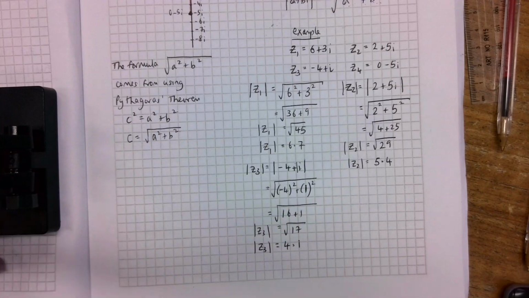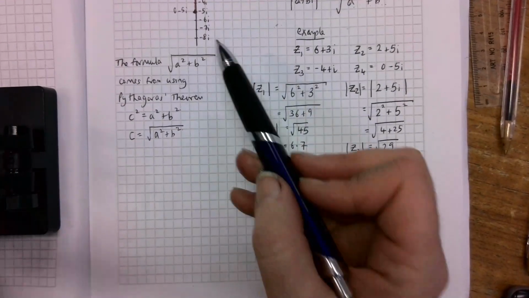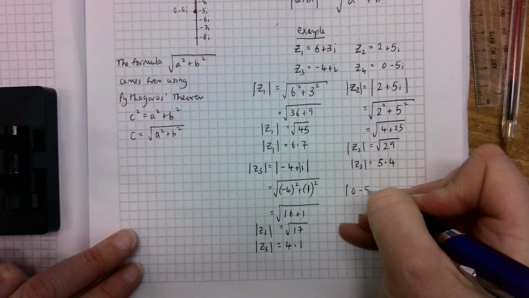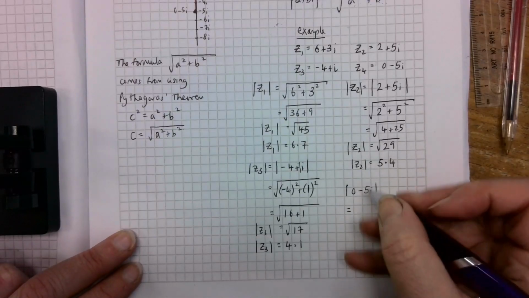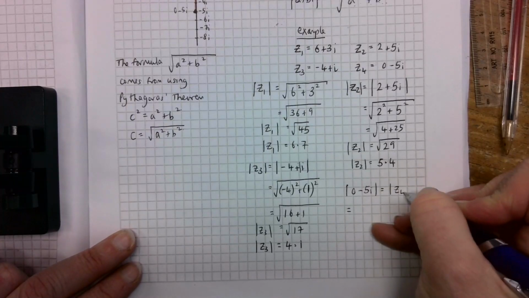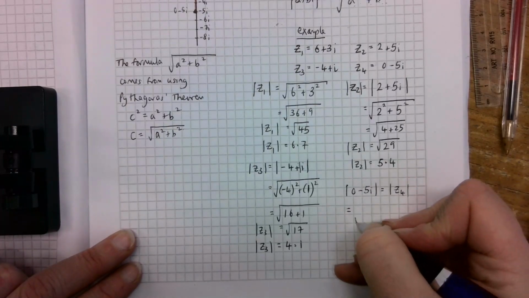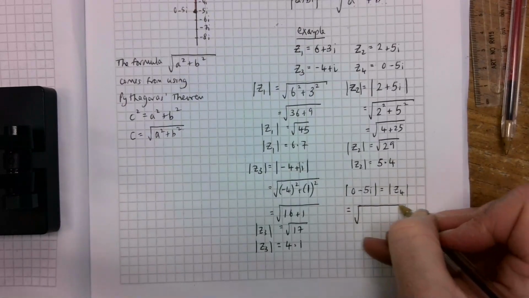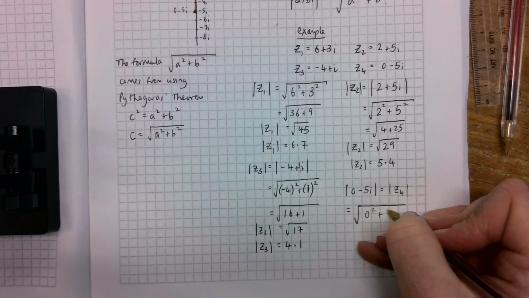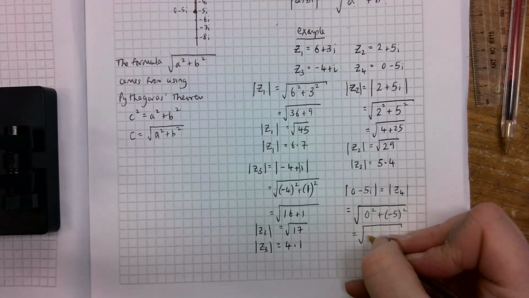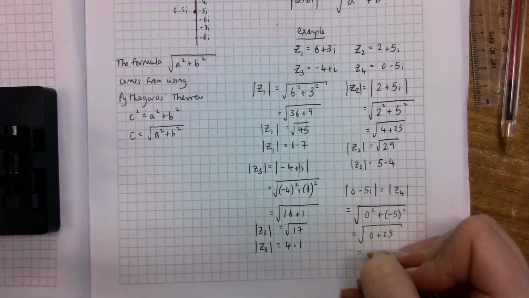And finally, the modulus of 0 minus 5i, that's the modulus of z4, is equal to the square root of 0 squared plus minus 5 squared, which is the square root of 0 plus 25, which is the square root of 25, which is 5.